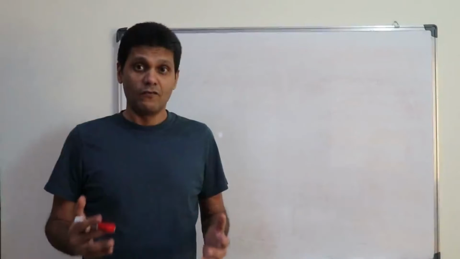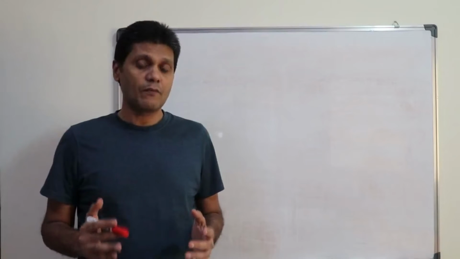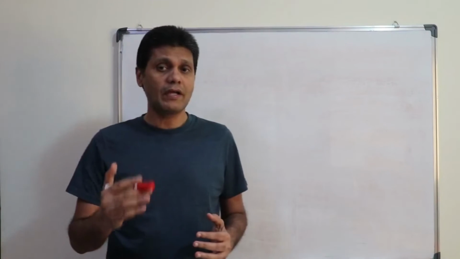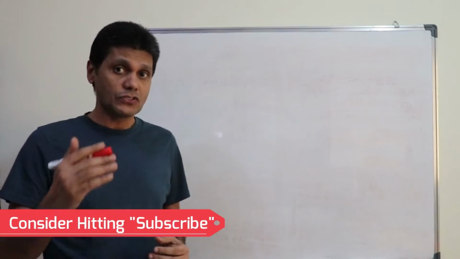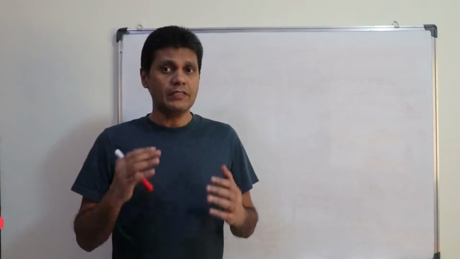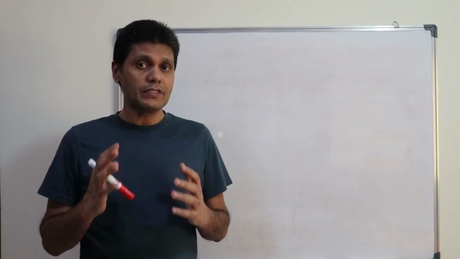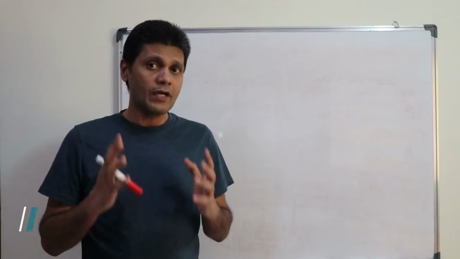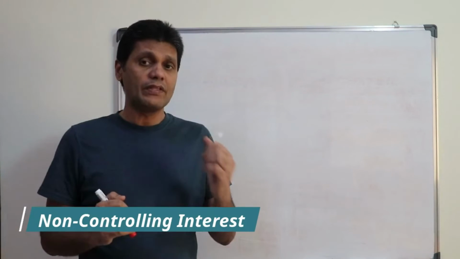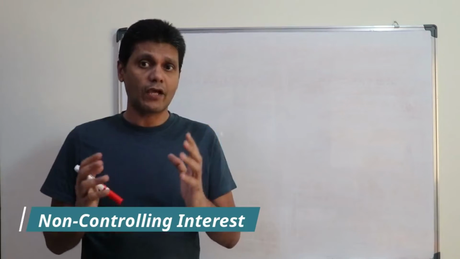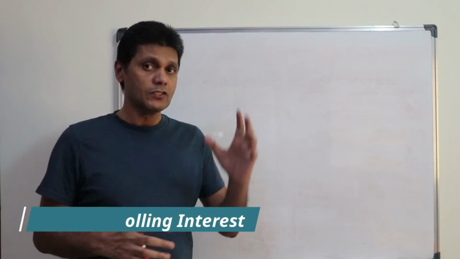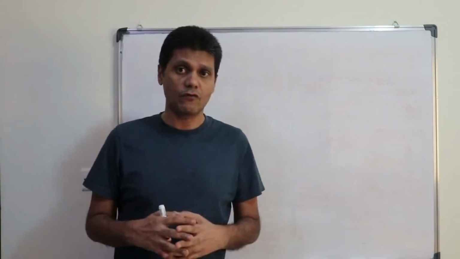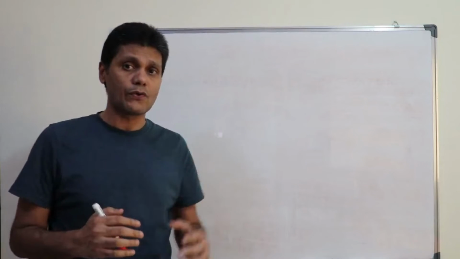Hi everyone, welcome to the session. In this session I'm going to continue my discussion on consolidation accounting. In this particular session I'm going to discuss how to calculate non-controlling interest when there are pre and post acquisition profits. So when you are given pre and post acquisition profit, how to calculate non-controlling interest.